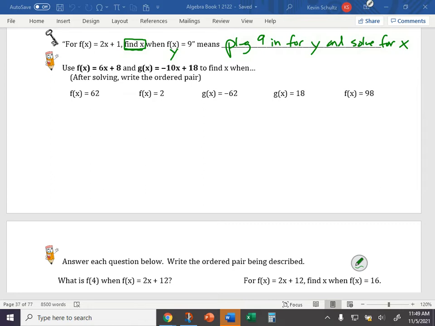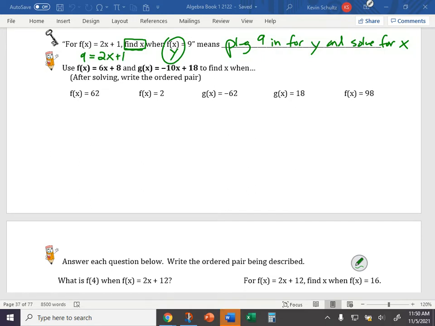It also helps, like I said, to know that this relationship exists, right? That f of x and y are the same thing. Find x when y equals 9. So what we do is we substitute 9 for f of x, being our y variable. We're being given that, and we're solving for x.